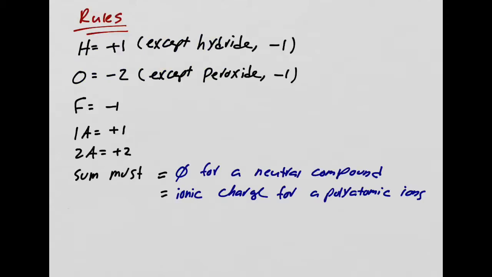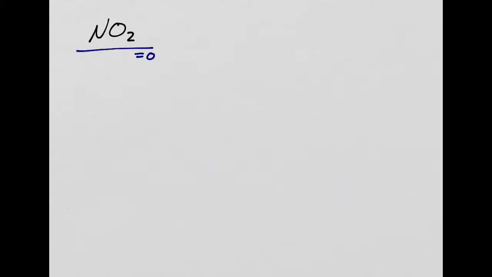Here's the first one we're going to do together. Let's do NO2. Now, the entire thing is a neutral compound, so it would equal 0. Now we said oxygen is always -2. I'm trying to figure out the oxidation number of oxygen and nitrogen.